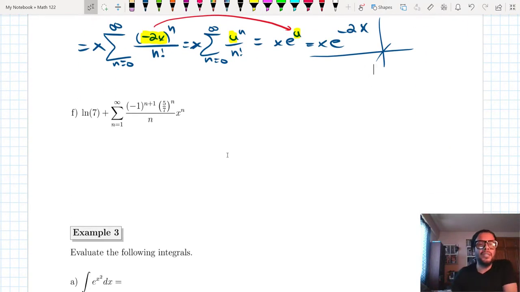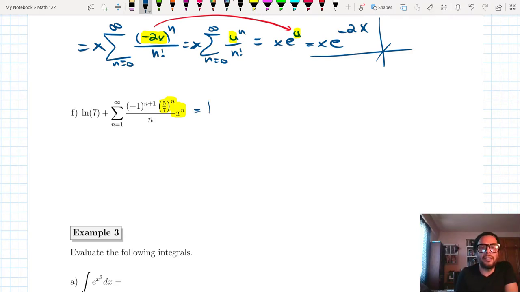Another interesting one, one involving natural logs. Okay, so this one, what are we going to do? I'm going to group these 5/7 to the n with x to the n.